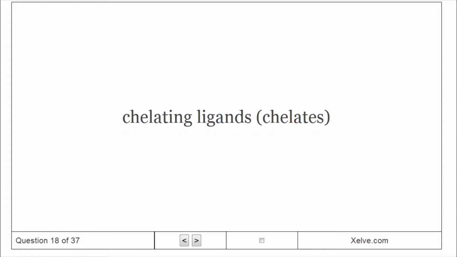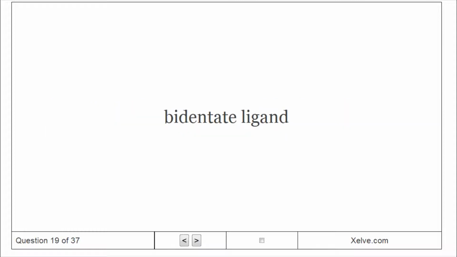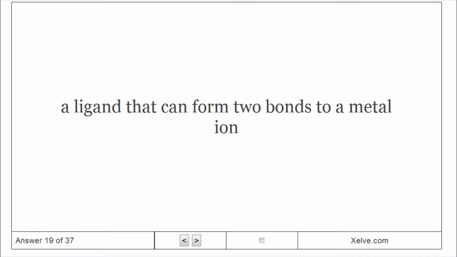Chelating ligands have more than one atom with a lone electron pair that can be used to bond to a metal ion. Bidentate ligand: a ligand that can form two bonds to a metal ion.